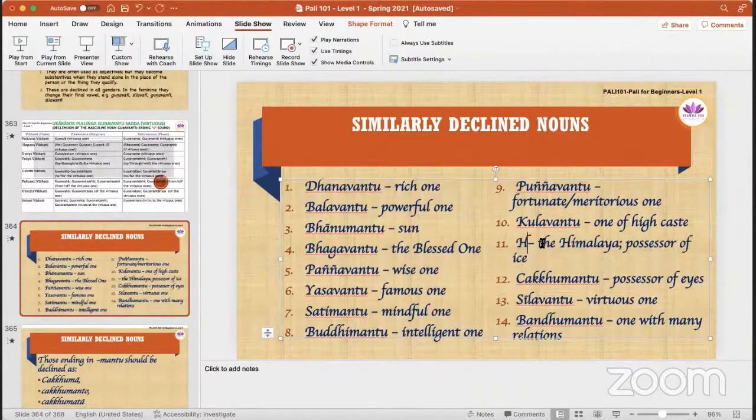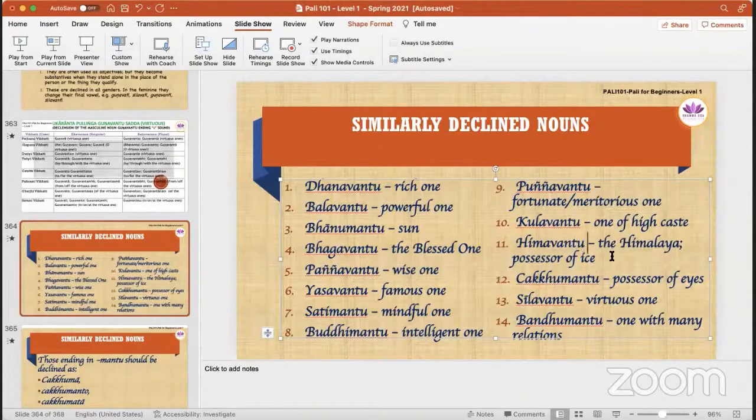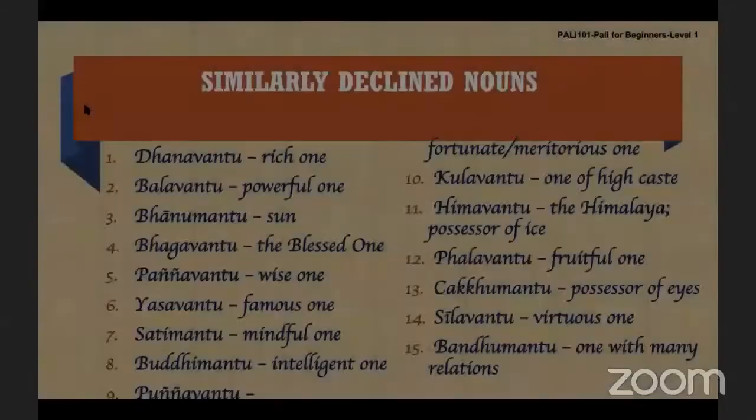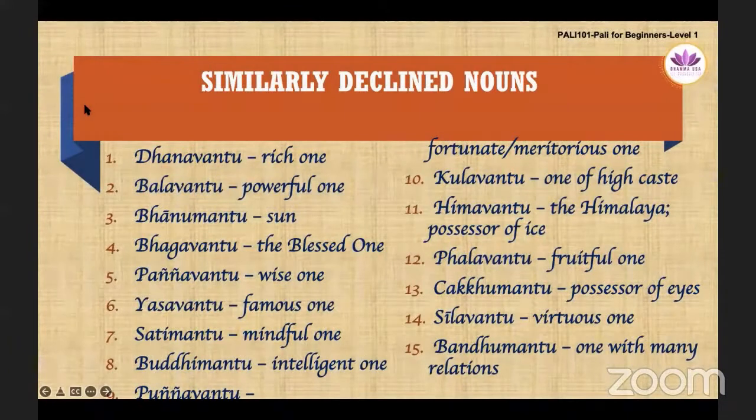Okay, this should be Himavantu. And then we can have another one. Phalavantu is fruitful one, person, tree, we can use anything, fruitful one.